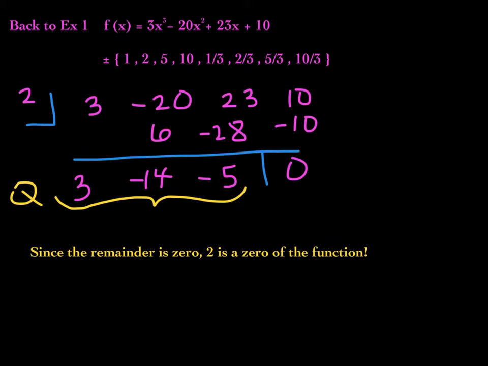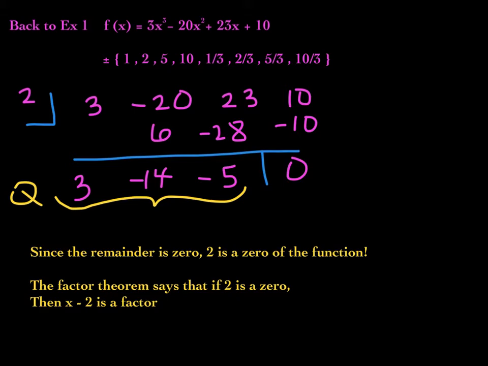The factor theorem says that if 2 is a 0, x minus 2 is a factor. You may need to reread what the factor theorem says, but that's basically what it says in a nutshell: if 2 is a 0, then x minus 2 is a factor.